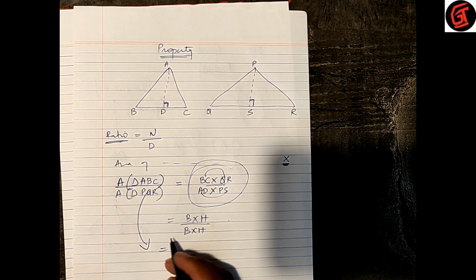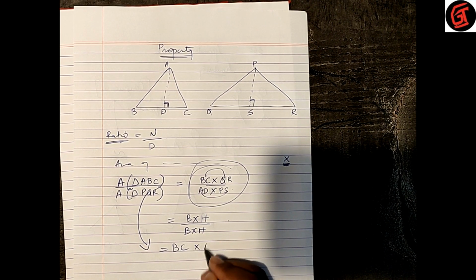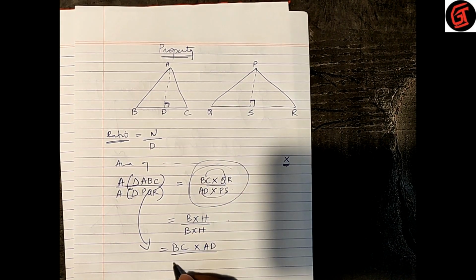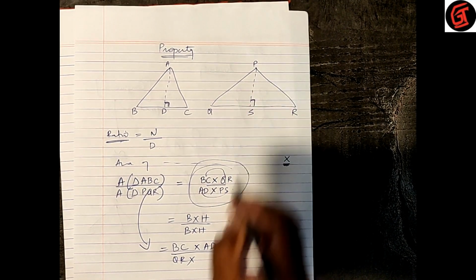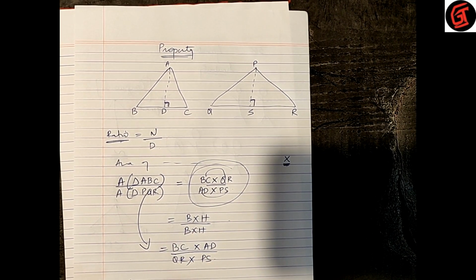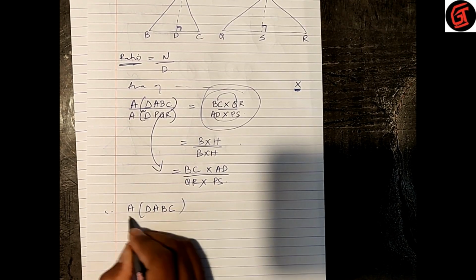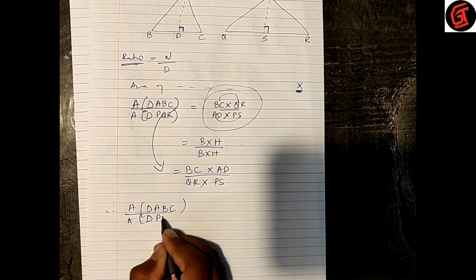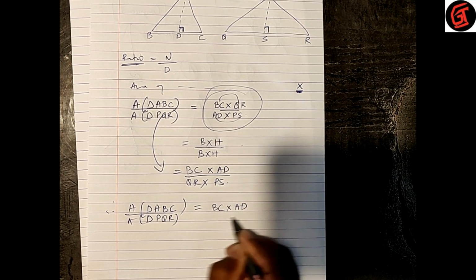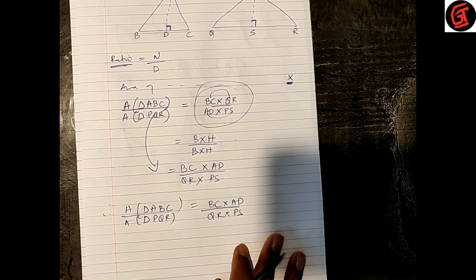The base into height of ABC is BC into height AD. And the base into height of PQR is QR into PS. So what we have to prove is area of triangle ABC upon area of triangle PQR is equal to BC into AD, that is base into height, upon QR into PS, that is base into height.